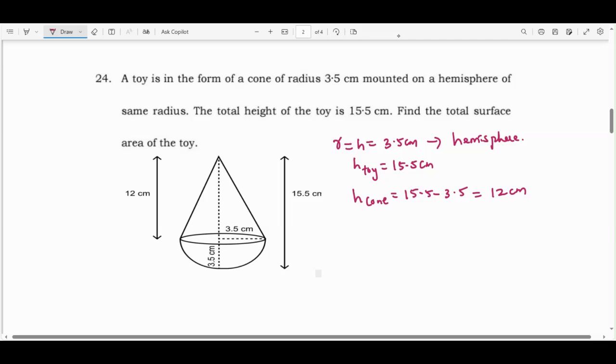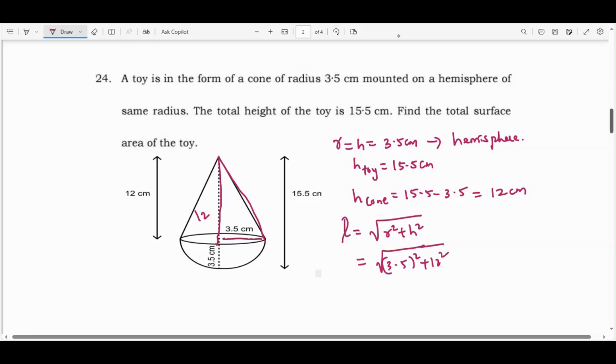Now we have to find the slant height. The slant height l will be the root of r square plus h square, where r is the radius and h is the height of the cone, that is 12 we got. So the slant height will be the root of 3.5 square plus 12 square.